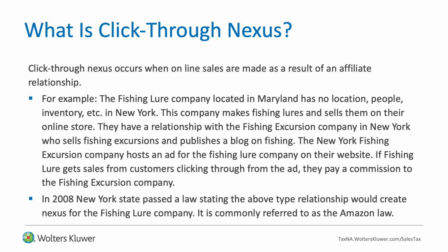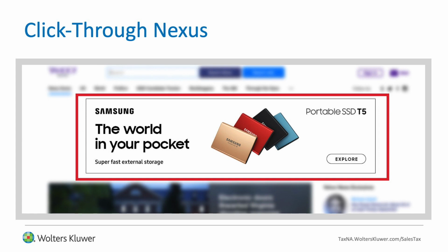If the fishing lure company gets sales from customers clicking through from the ad, they pay a commission to the fishing excursion company. So the click-through nexus law states that the fishing excursion company's relationship with the fishing lure company created New York nexus for that fishing lure company, because they paid a commission for that click-through ad. And this is an example of a click-through nexus ad.